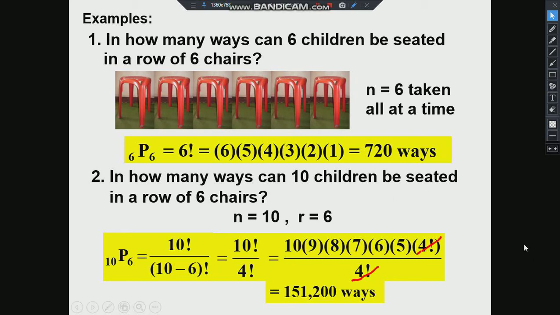So that would be for n permutation r, or in this problem 10 permutation 6, wherein we have n objects taken r at a time.